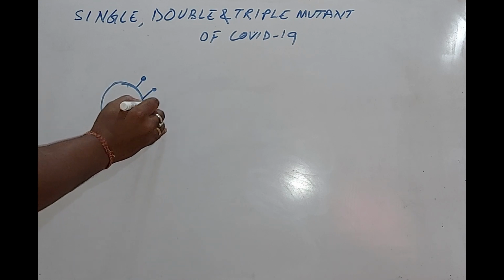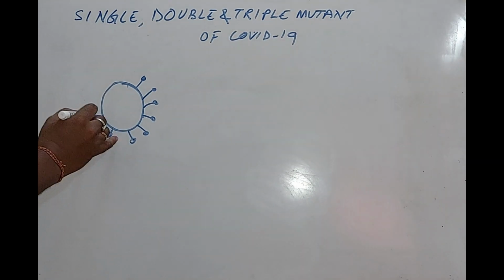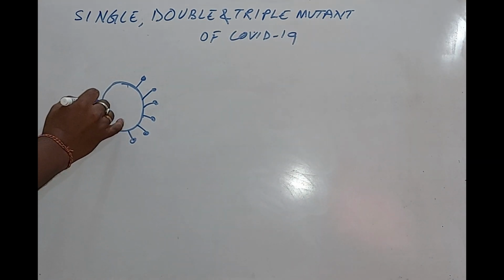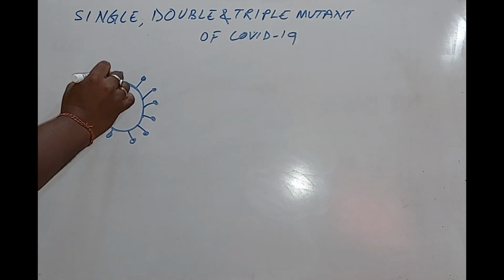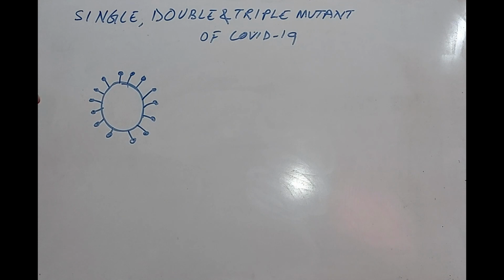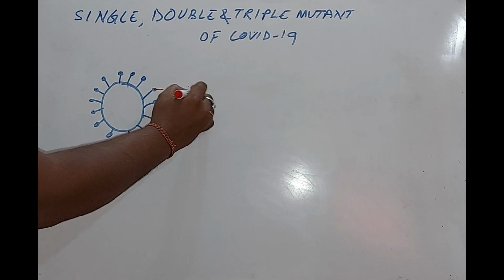You can see here some spike proteins are there. These are the spike proteins, which are surrounded throughout the surface of these viruses. This is the spike protein.